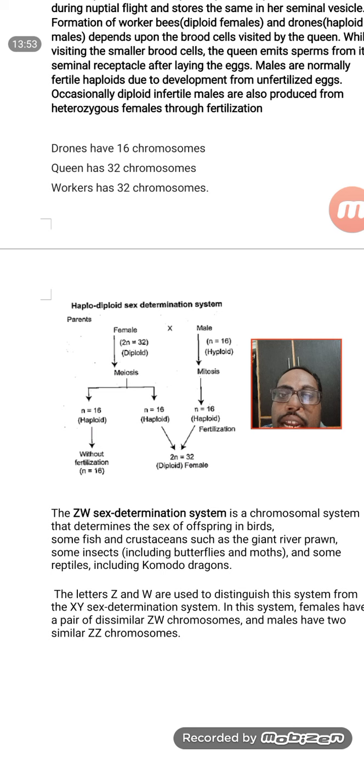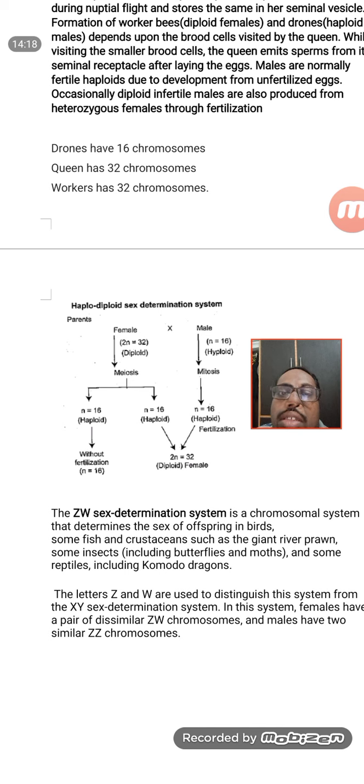diagram, we can see that female and male, female is 2n in condition, which is diploid, and male is haploid in condition. And through the process of meiosis, females will produce gametes, N16 and N16. And male, through mitosis, produces one.